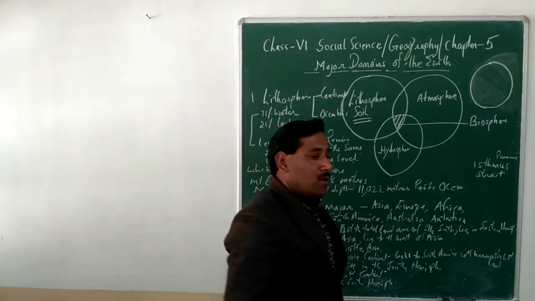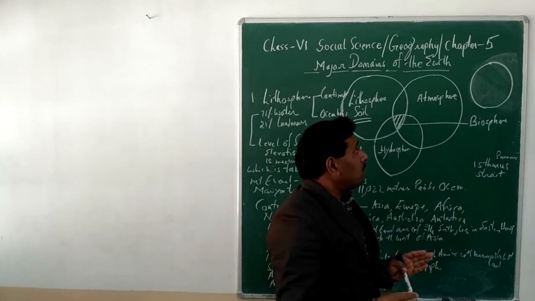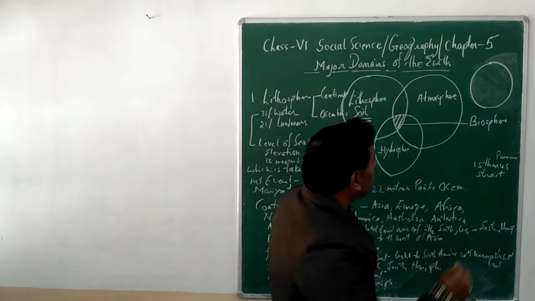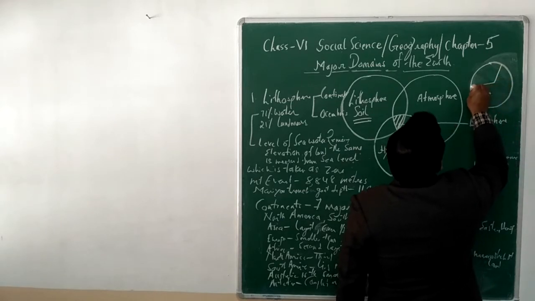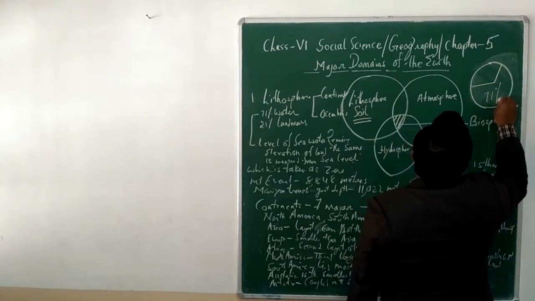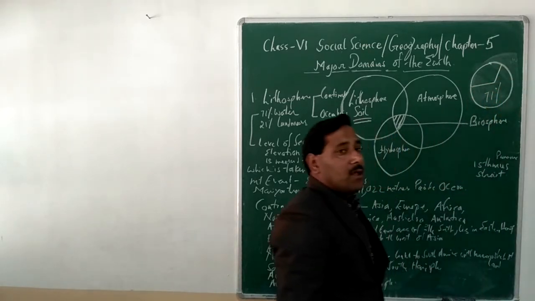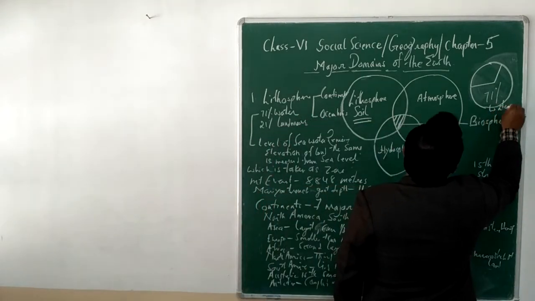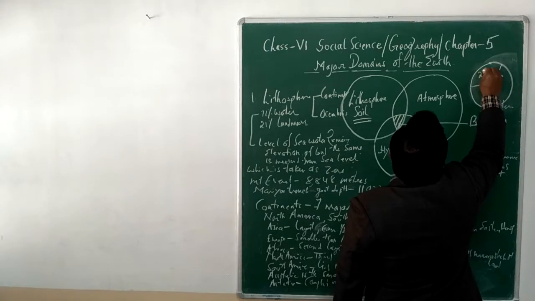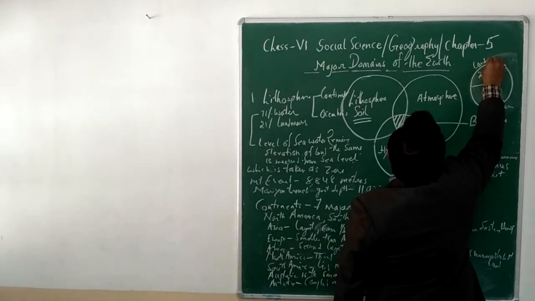So why is it so? Because 71% is water bodies, and 21% is land masses.